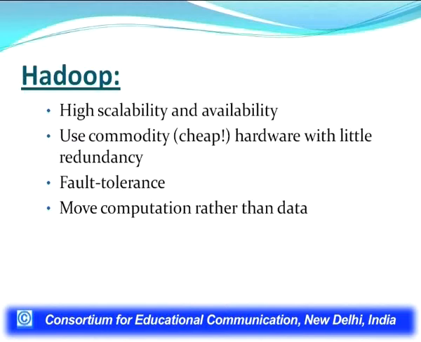Fault tolerance is going to be there, which is again a very important feature of a software. Move computation rather than data, which I have told you earlier about the features also. Here the computation of the data is again very fast.